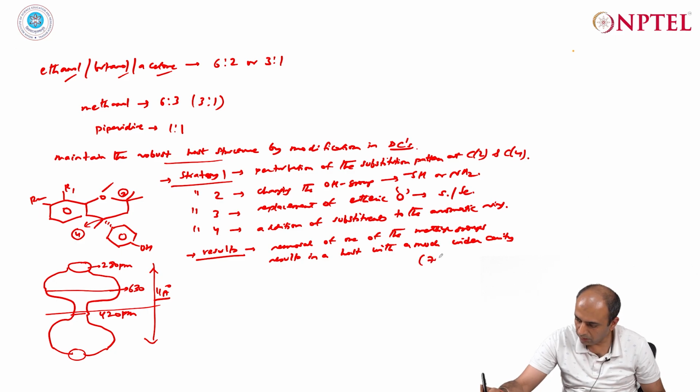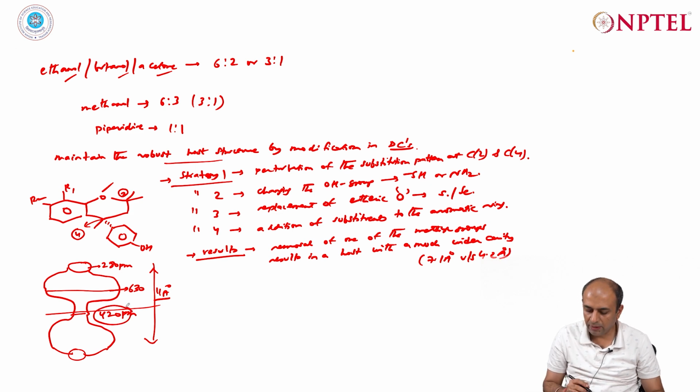So, it becomes 7.1 angstrom versus 4.2 angstrom. So, this particular region here where we have the methyl groups becomes much wider because the sterics are reduced. And then replacement of the C4 methyl group.